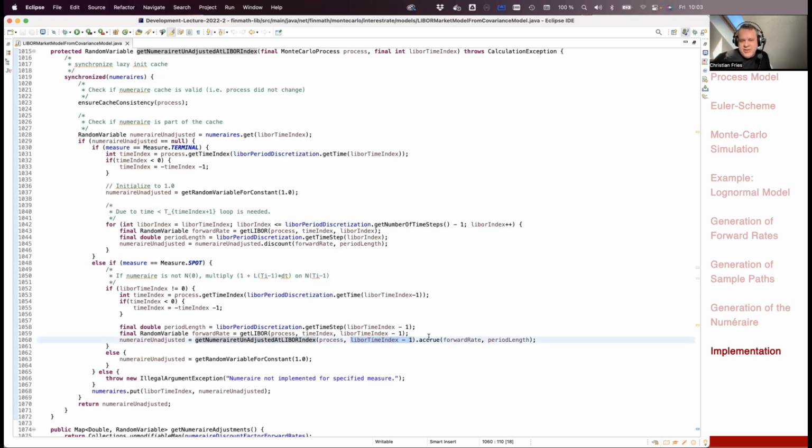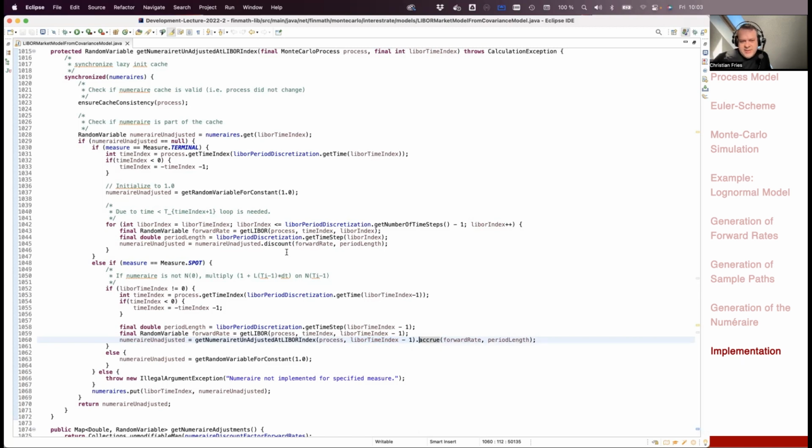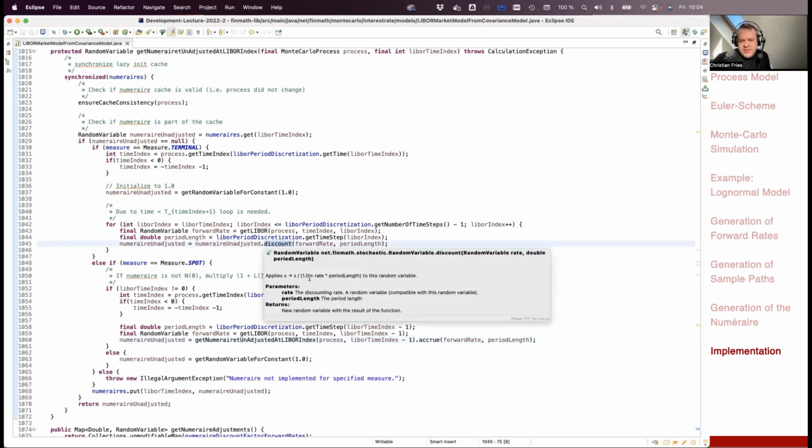And then it is not discount, it is accrue. So this accrue is just, if you look at the documentation, take x and multiply with 1 plus L times period length. So this discount here is just take x and divide by 1 plus rate times period length.